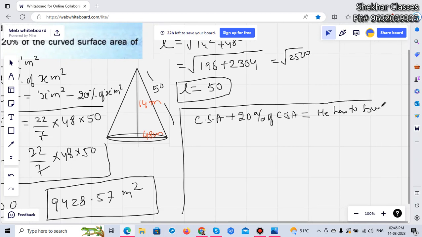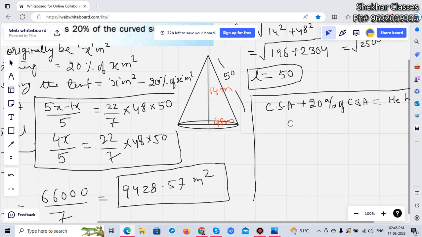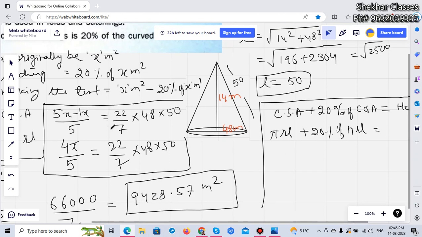Okay, fine. Now curved surface area is what we can calculate. That we have found, the curved surface area is how much? That is pi RL, right, and plus 20% of pi RL, right? Fine. So pi RL we have got it here. See, this is pi RL. So that is 22 upon 7 into 48 into 50.